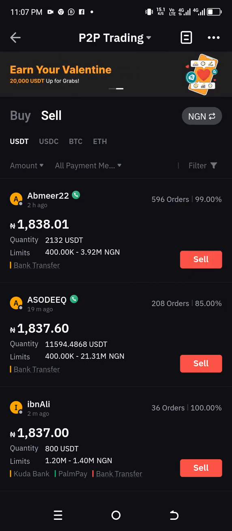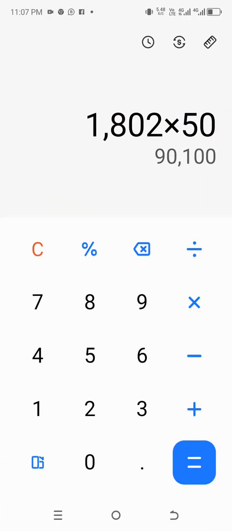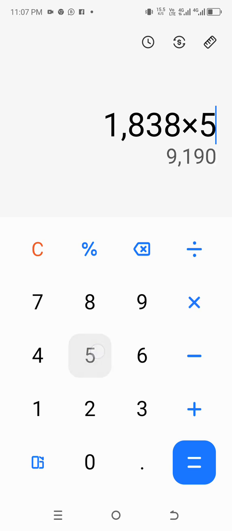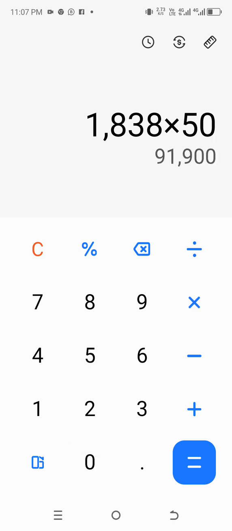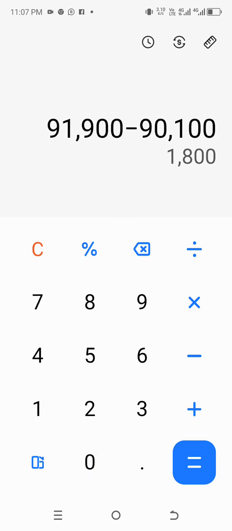Let's say this is 90,100, write it down, then 1838 times 50, what do we have? 91,900. 91,900 less 90,100, what do you have? 1,800 naira.